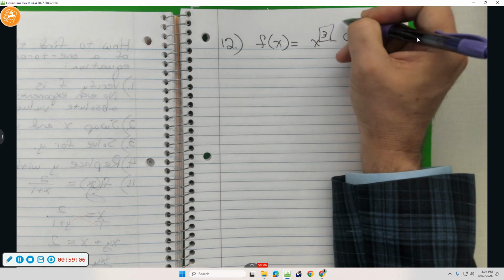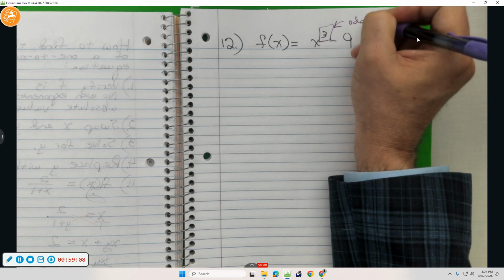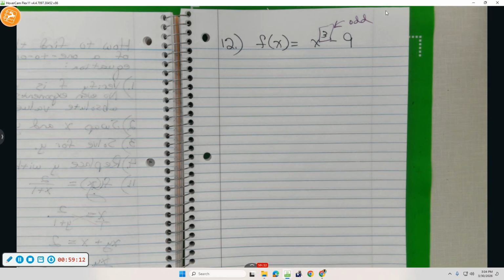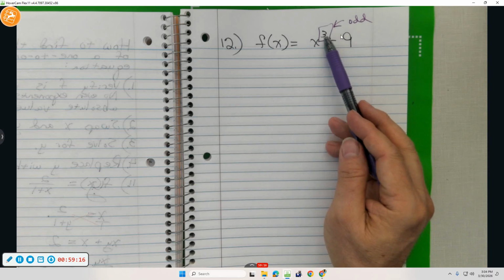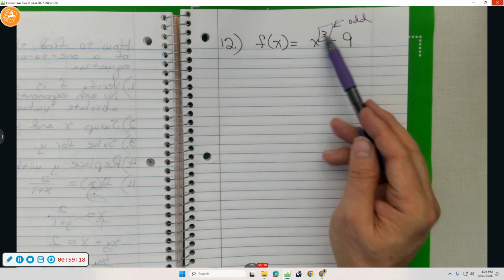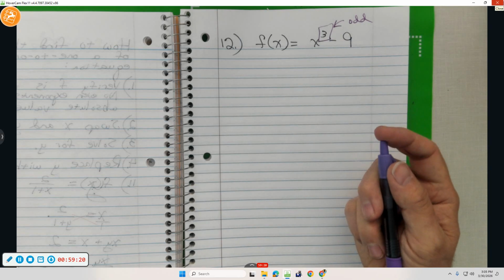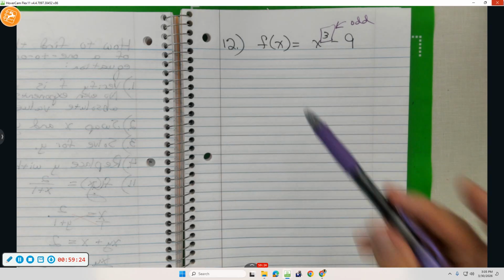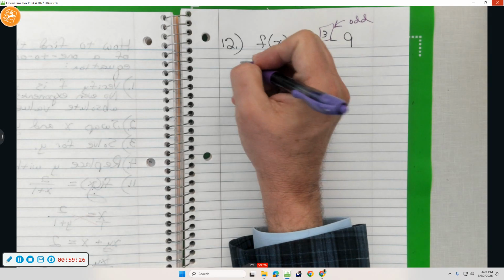Reminds me of those radical equations. Remember, you had to check the answer on the ones that had the even indices, square roots and fourth roots. But we would have said back then that odd powers don't change signs, so you don't have to check those equations. That's odd, so this thing is one-to-one.